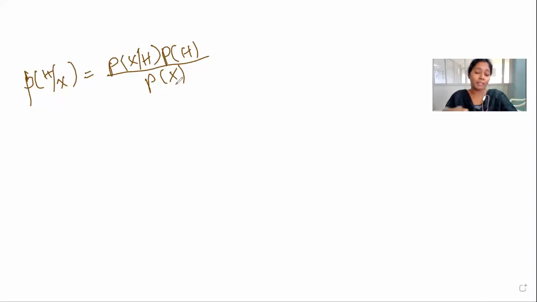Now, what is the Naïve Bayesian theorem? This is the Bayes theorem.